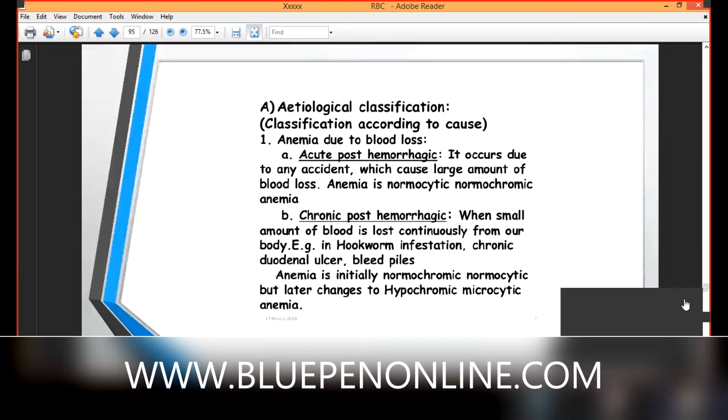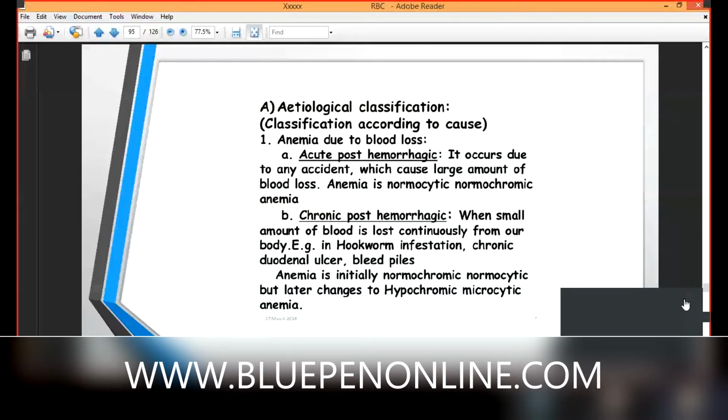Acute occurs due to any accident with a large amount of blood loss. The anemia here is normocytic and normochromic: normal size RBC, normal color of RBC, but low count due to a large amount of blood loss.